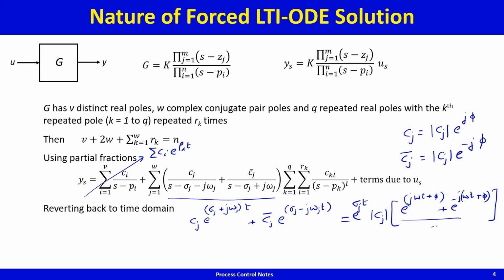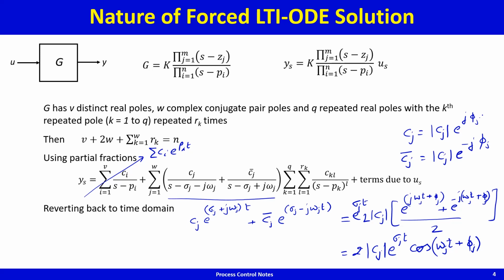Then you multiply and divide by 2, and what you get is 2 times the magnitude of C_j, the partial fraction coefficient, times e to the power sigma_j t times cos of (omega_j t plus phi). Just to be consistent, because we are associating the phi with the jth complex conjugate pair, we'll also have an index j here. Okay, so that's what this term solves to.